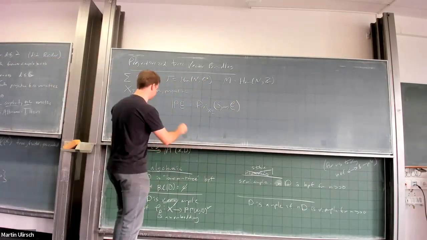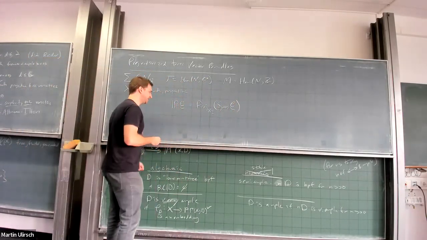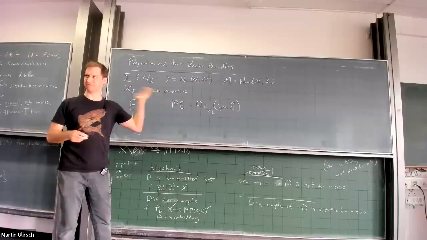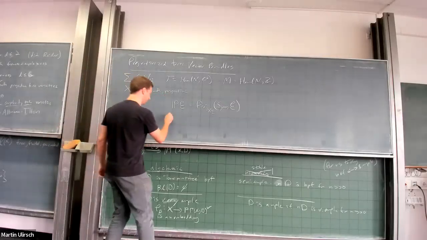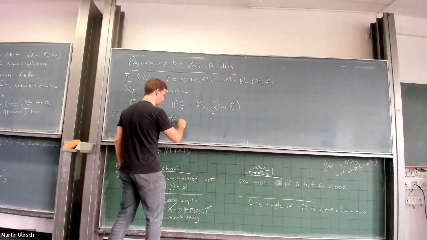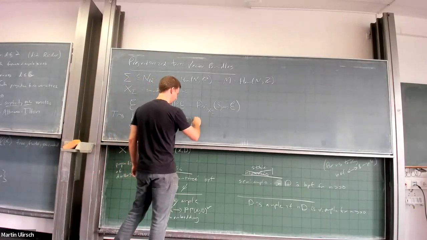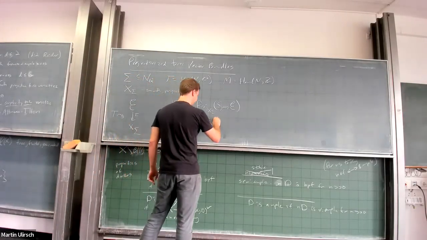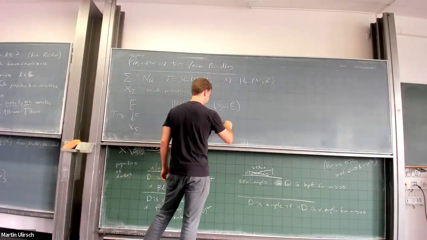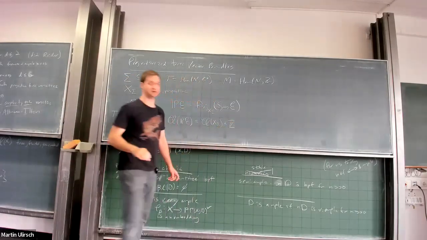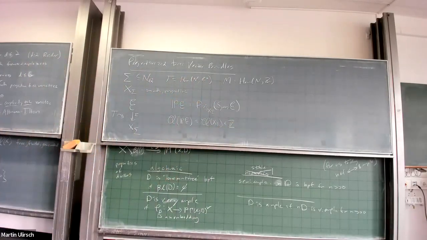Some fun things about these: they are smooth and projective, and we can compute their class groups pretty easily. It's the class group of the base times an extra group. Not so bad.